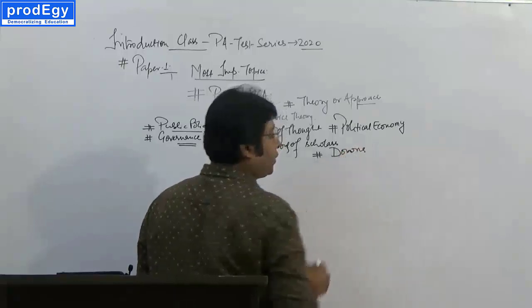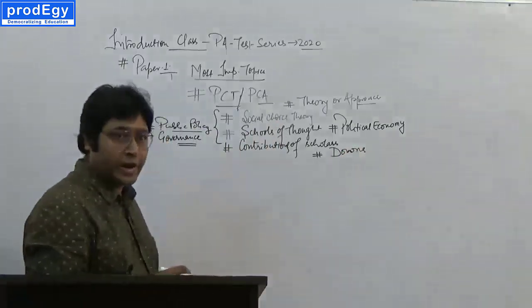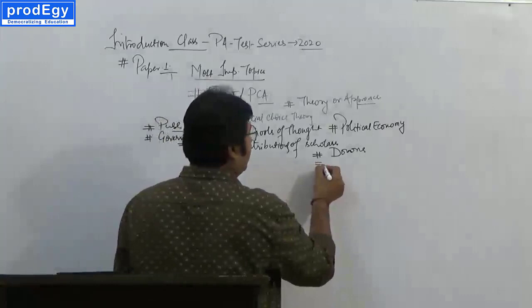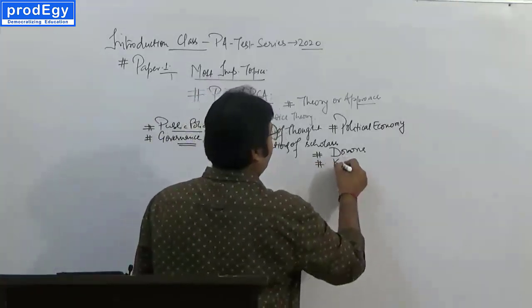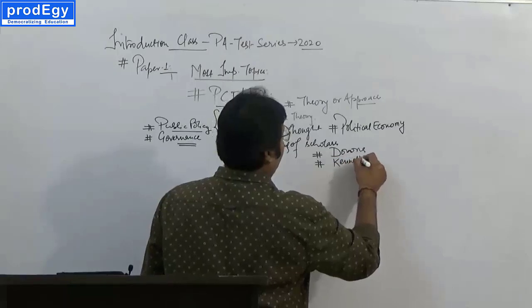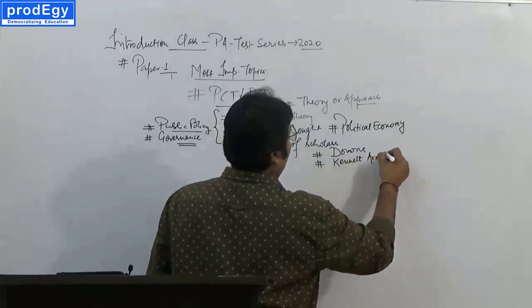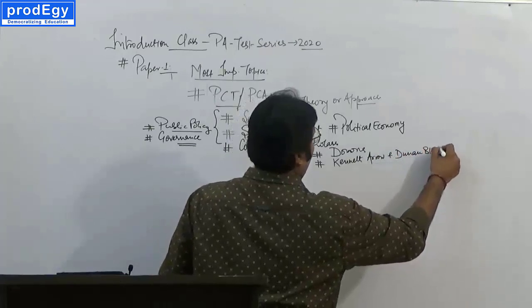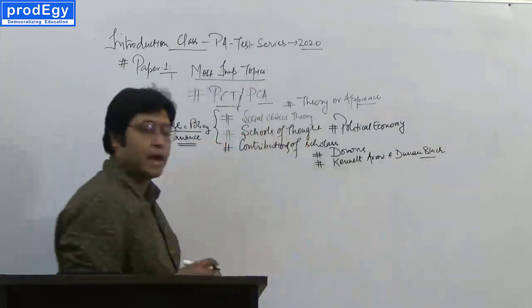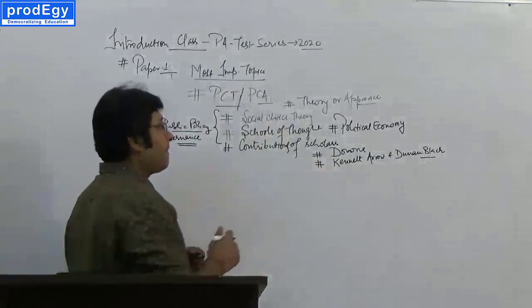Anthony Downs, we don't read, so you have to know Anthony Downs, and then we don't read Kenneth Arrow and Duncan Black, right?